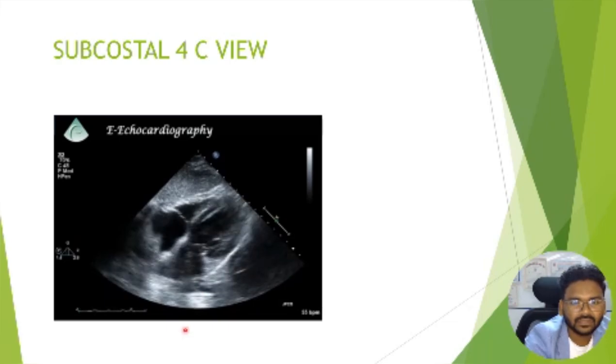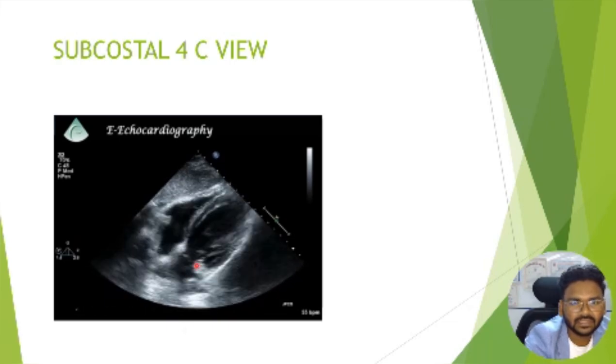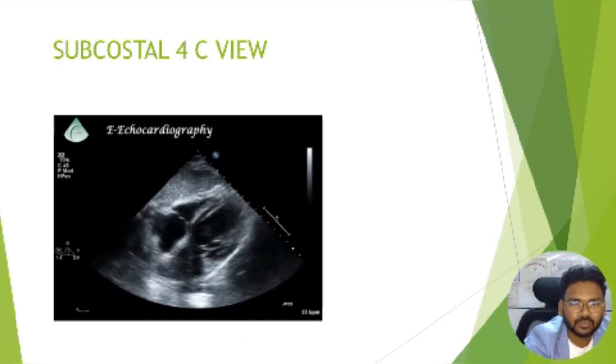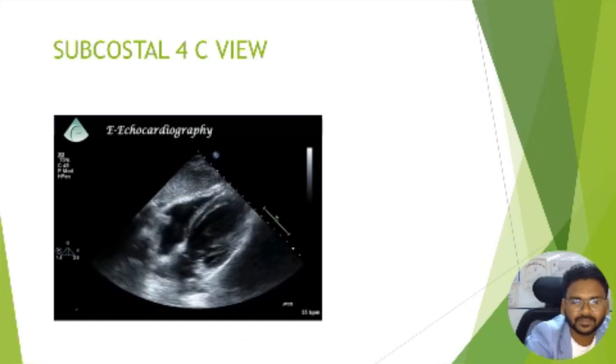So this is the mitral valve, this is the tricuspid valve, left ventricle, left atrium, right atrium, and this is the right ventricle, and this is the interventricular septum, and this is the interatrial septum. So this is the subcostal 4-chamber view.